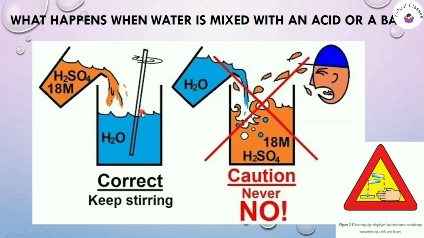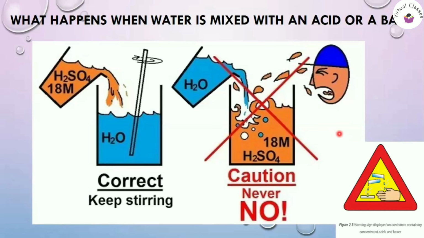One precaution should be taken while diluting acid: we should always add acid to water but not water to acid, as in the second case the amount of heat generated is so large that the mixture may splash and burn our face, or even the beaker may break due to excessive heat.